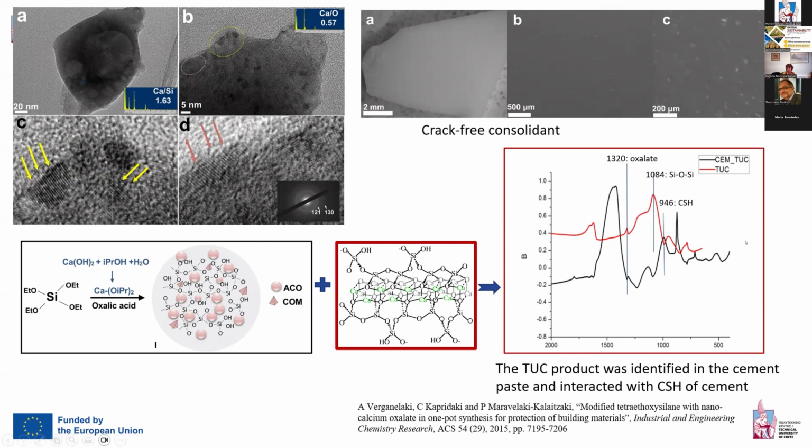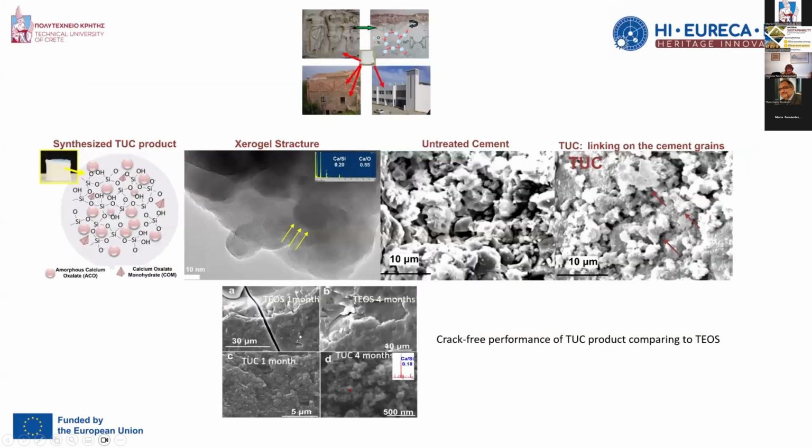This is also demonstrated by the infrared spectrum here, in which bonds of the silica and the oxalate incorporation were evidenced, and even in those structures under the scanning electron microscope, in which the links between the product and the cement grain were very obvious.